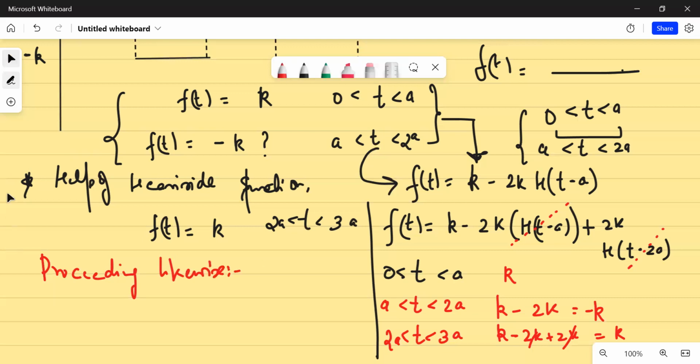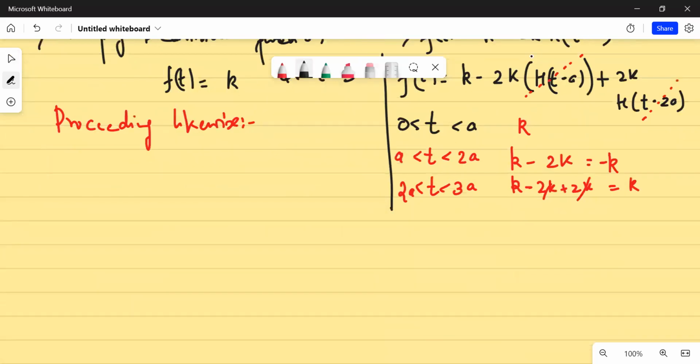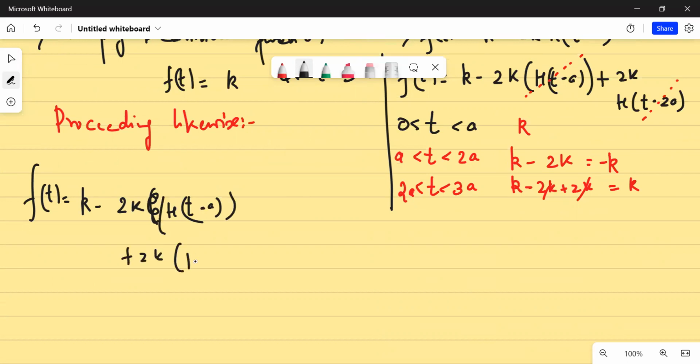Sir. So proceeding likewise, what can I write? There are alternating plus and minus terms. So my function f(t) can be expressed as k minus 2k h(t minus a), then plus 2k h(t minus 2a), then minus 2k Heaviside function h(t minus 3a), and so on and so forth.